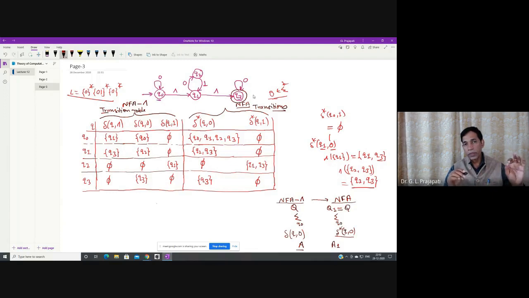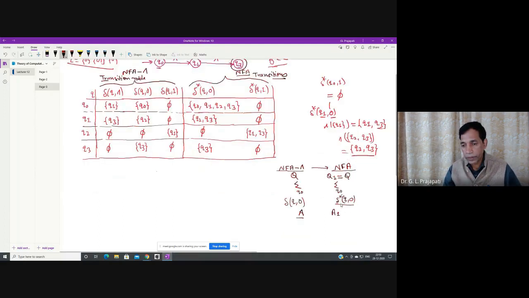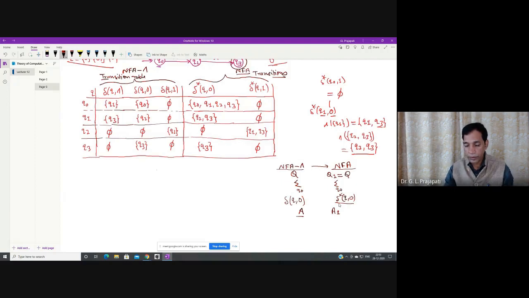Once you compute the null closure of the initial state, and the null closure of the initial state contains an element of the final states, then there is a way to reach the final state from the initial state without consuming any input, and hence the initial state should also become the final state.